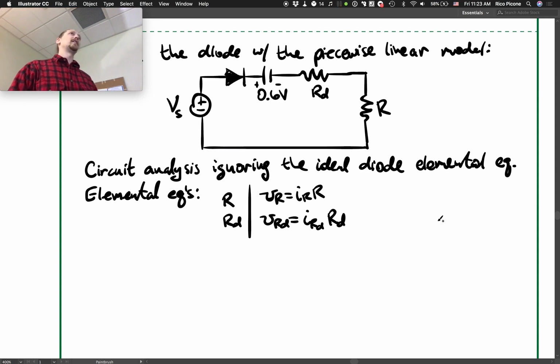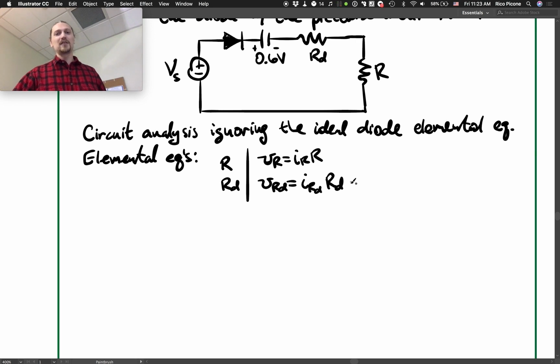Really what you need is the nonlinear model to give you the most fidelity to the real operation. So it's as good as we can do, but it's still not perfect. So we have our 2 elemental equations. We have our KCL equations as well.